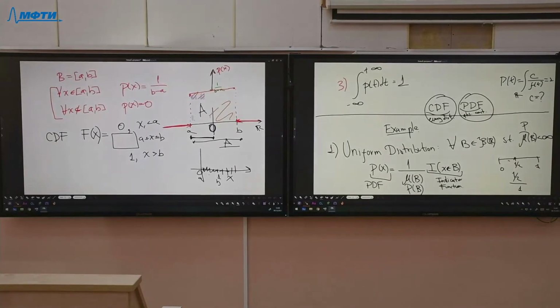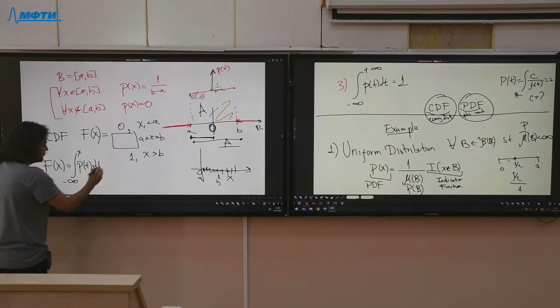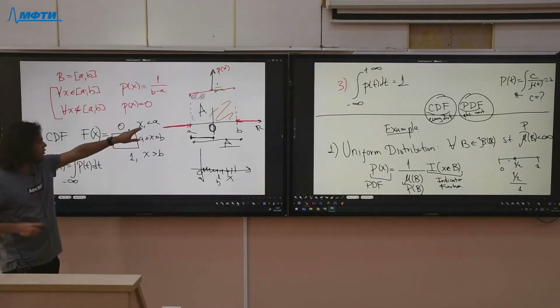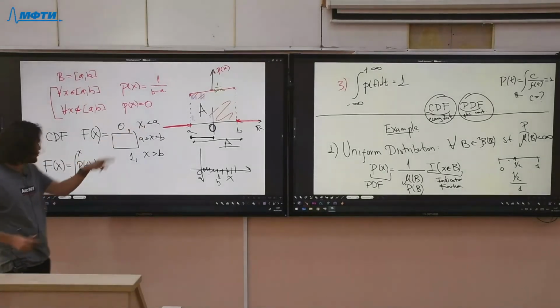what do we need to do? Again, this is F of x, right? It's just the integral from minus infinity to x of the PDF. Yeah, exactly. Since for any value less than a this is 0, we can change this.